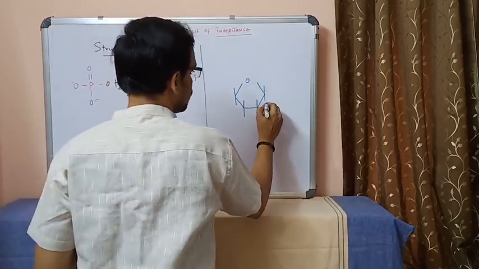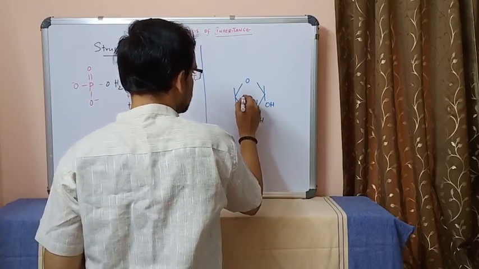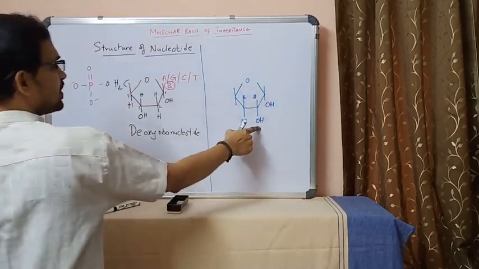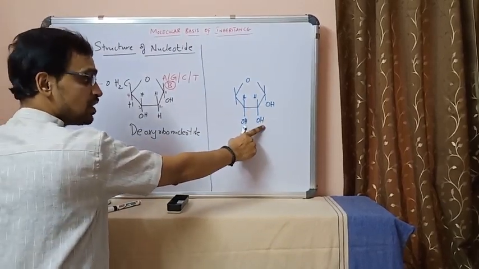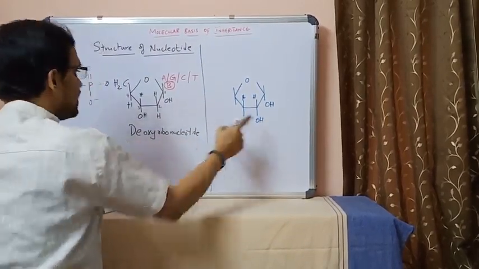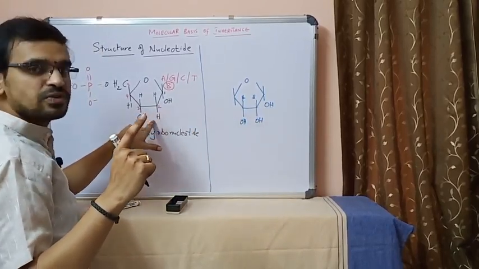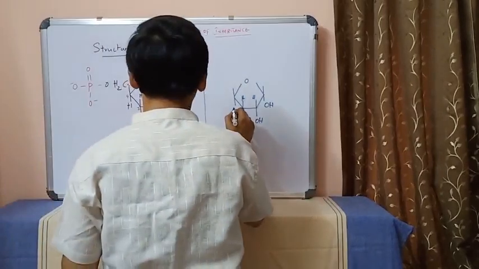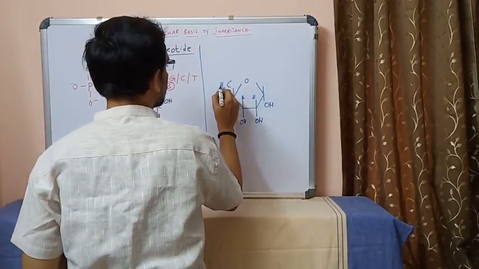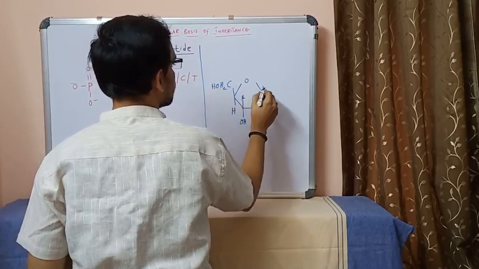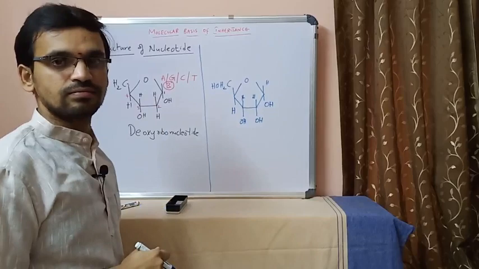So here OH, OH. OH is present at the 2nd position. The hydroxyl group is present at the 2nd position because it is the ribose sugar. If it is deoxyribose sugar, hence OH is absent. So this is the normal structure of the ribose sugar.